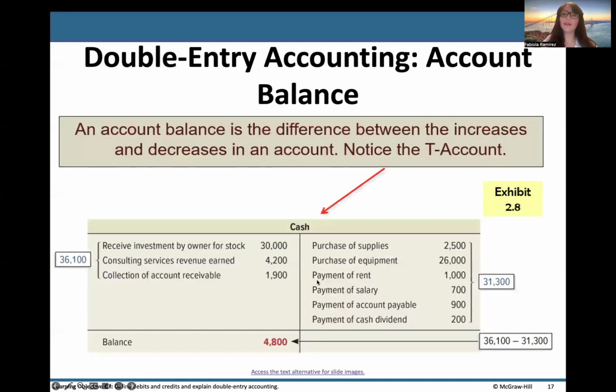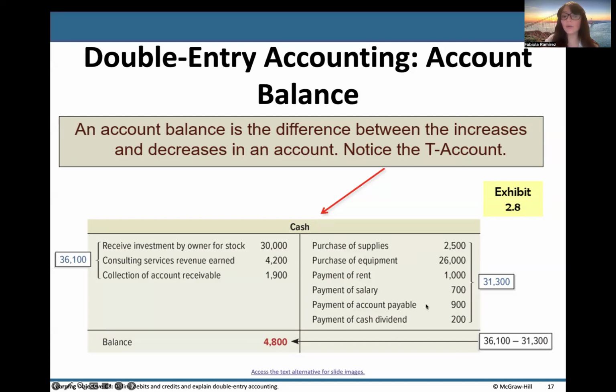Okay, so here we have a cash T account, and I kind of want to show you what the end result is. An account balance is the difference between the increases and the decreases in an account. Note in this T account, we have increases in cash recorded on the left, and decreases in cash on the right.